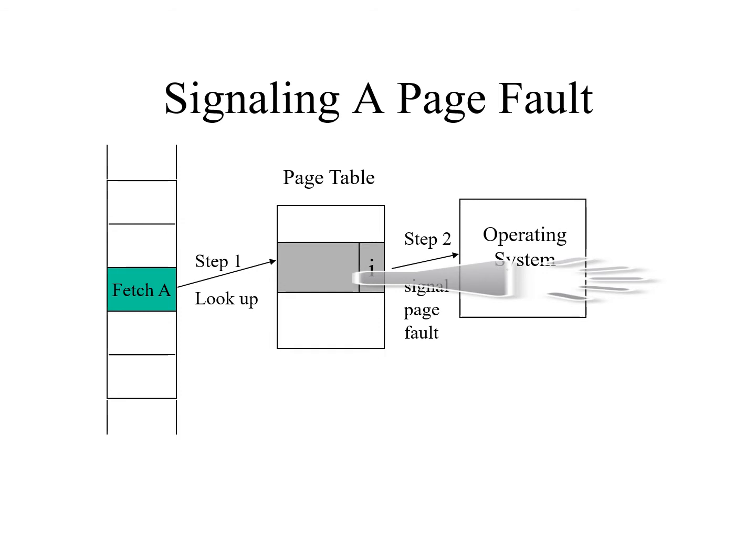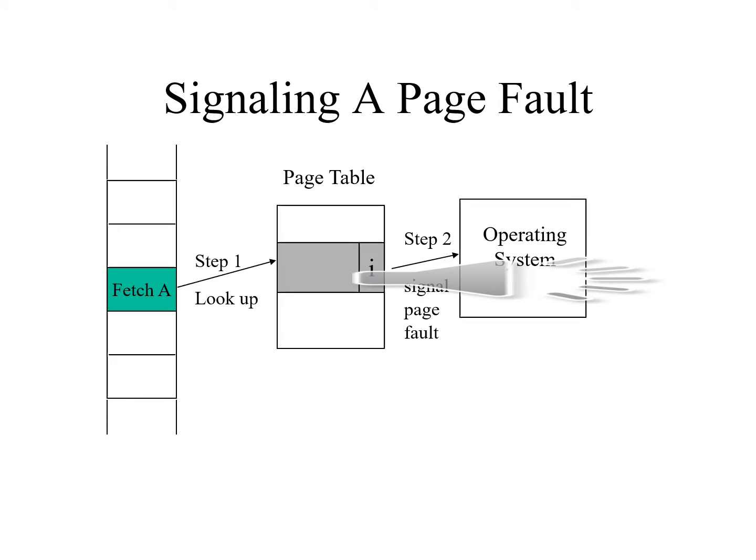How does the operating system handle page faults? It's a good question and an important one. The whole process begins with an instruction that accesses a page of memory. When that reference turns out to be a page not in physical memory, the operating system is signaled, as you see in this slide.